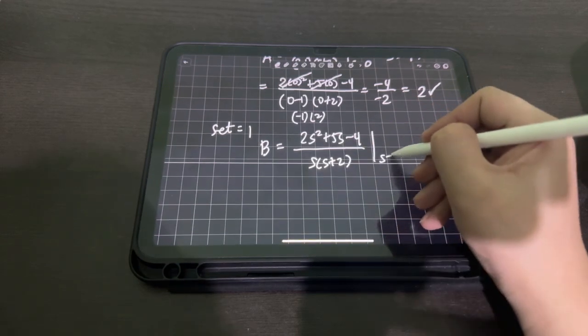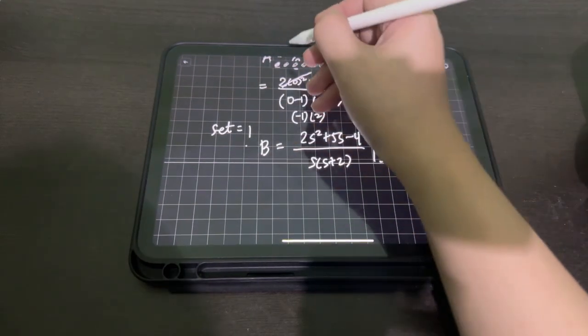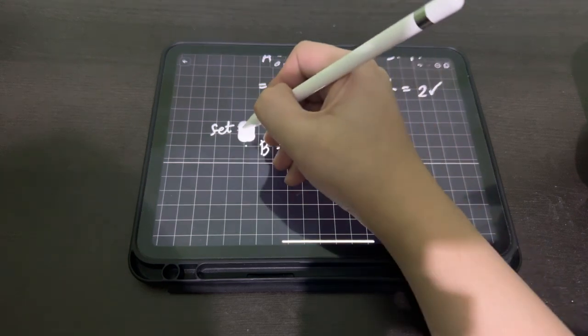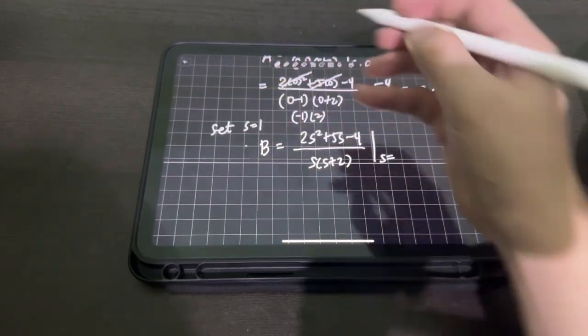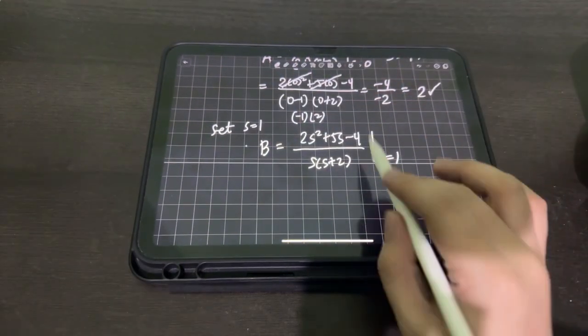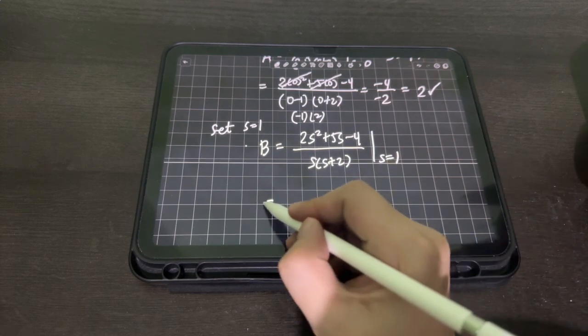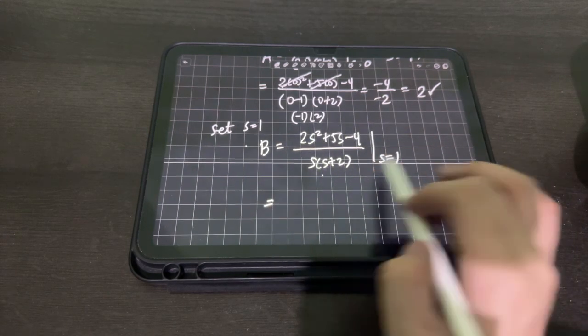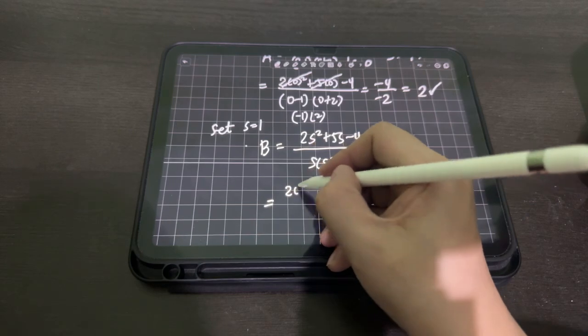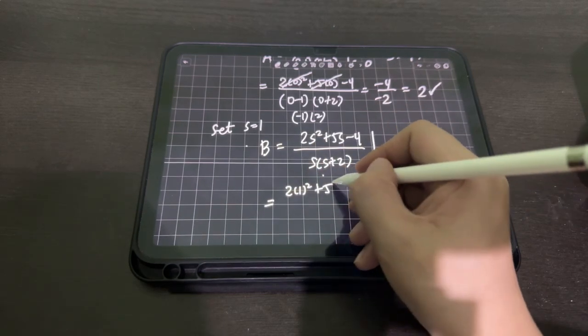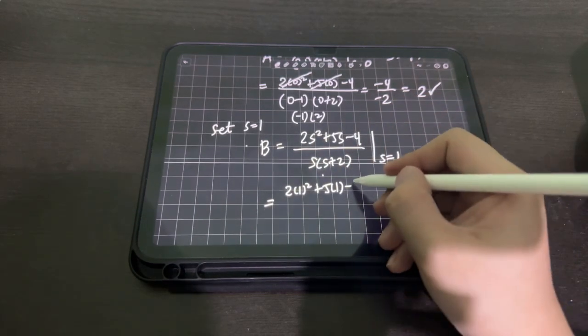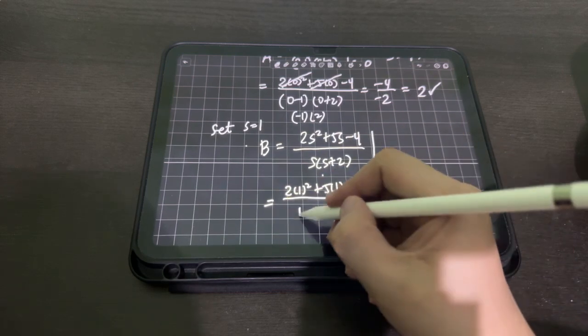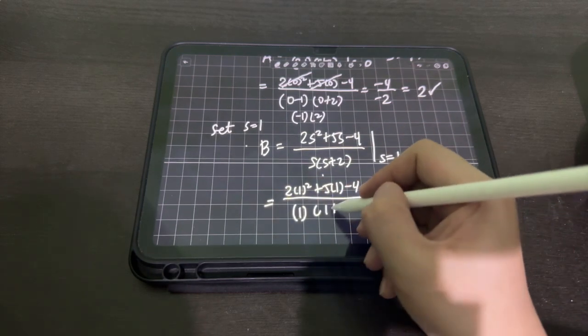And evaluate this expression at S equal to 1, meaning replace every S here with 1. So we'll have 2 times 1 square plus 5 times 1 minus 4 over 1 times 1 plus 2.